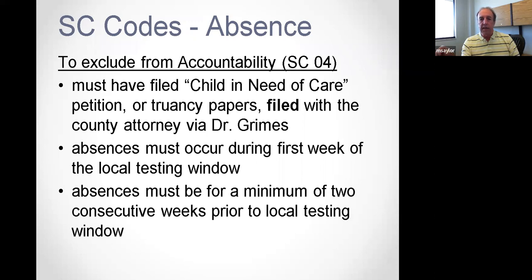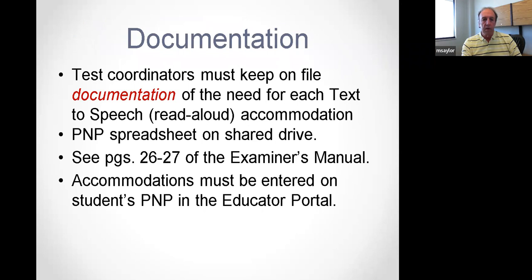The DA does not have to pick it up and decide to prosecute it. So just make sure you get that information to her, because I work with her office quite a little bit. And if the school tells me so-and-so is truant, and she says, well, I don't have anything on that, or it hasn't been sent up yet, there's nothing I can do about it. So you'll end up eating that one.